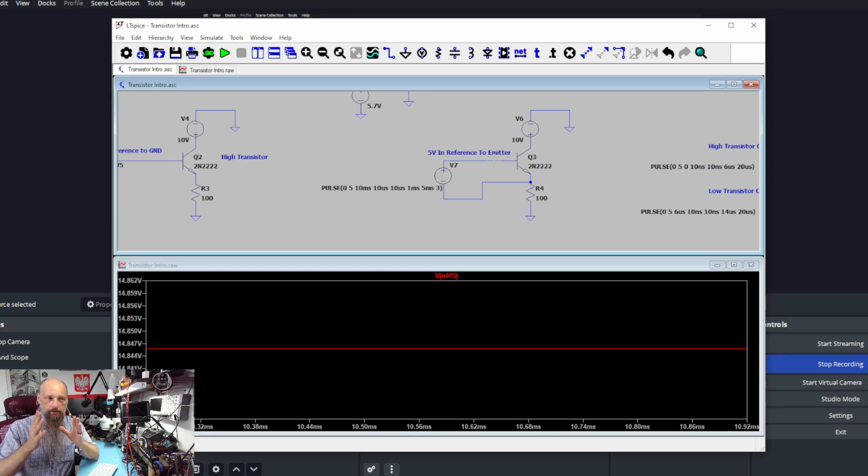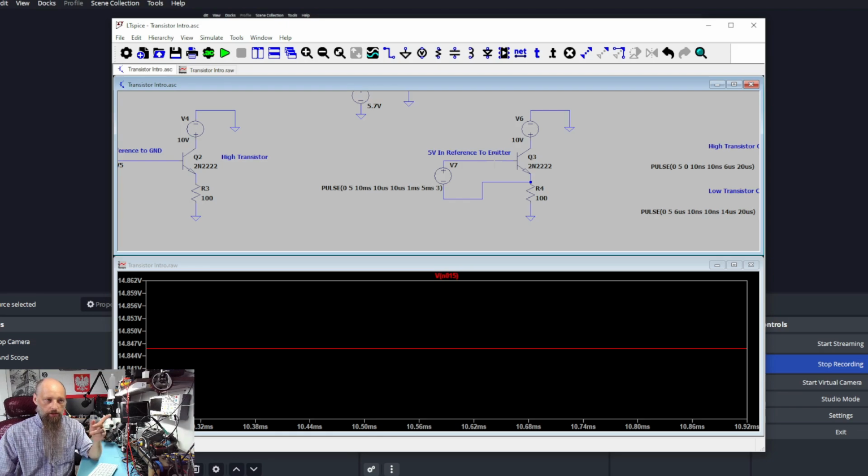And here's the important thing to know when you measure transistors: when you measure what kind of voltage is supplied to the base or the gate, it might not be in reference to ground, especially when it's a high side transistor.